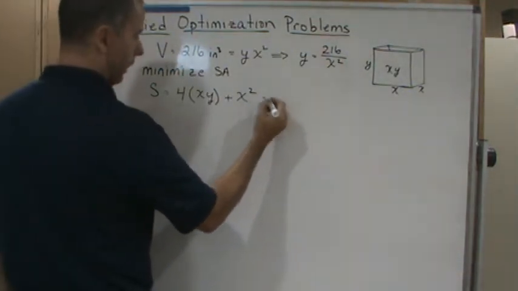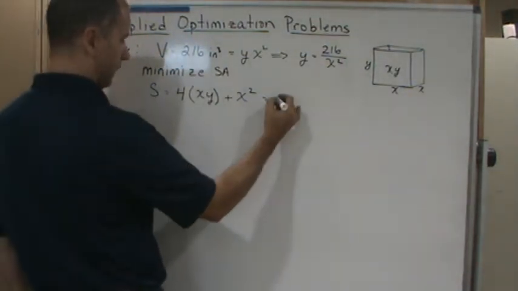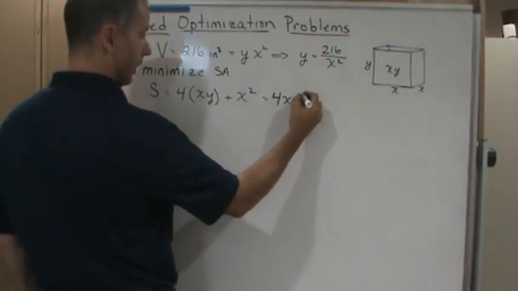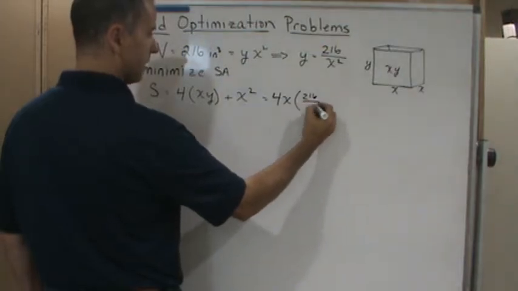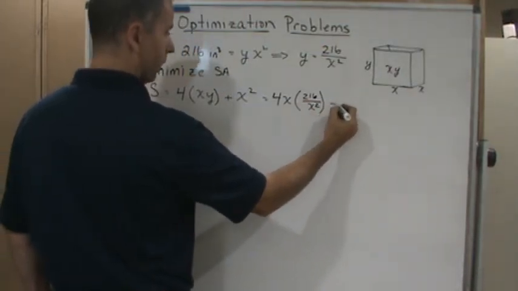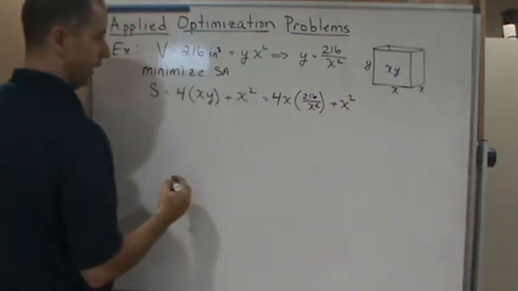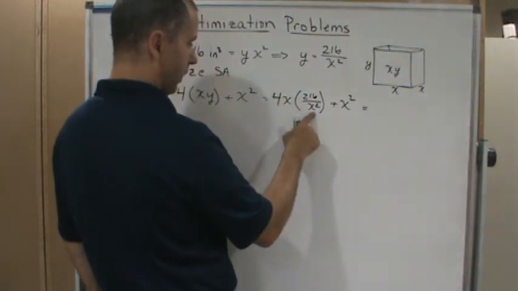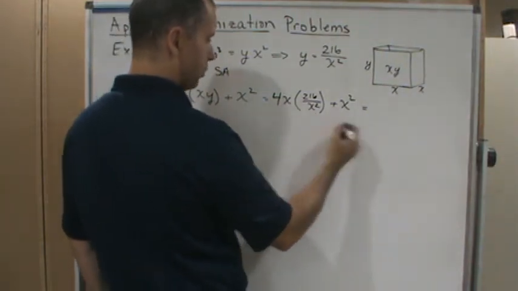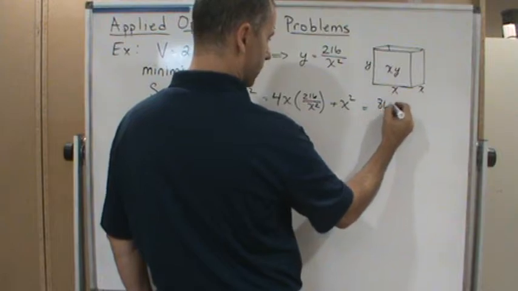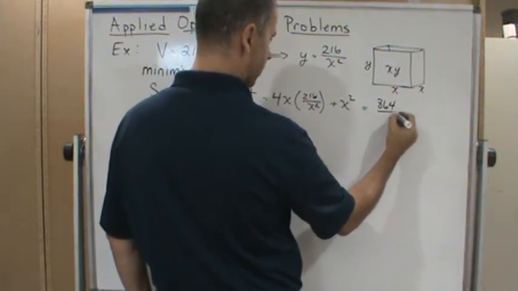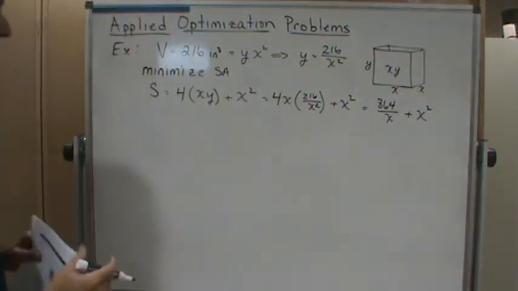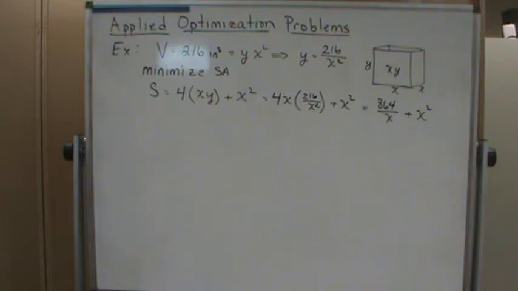Now our surface area formula becomes 4x times 216 over x squared plus x squared. This x is going to cancel with one of these x's, and we get 4 times 216, which is 864. So we get 864 over x plus x squared. So there's our surface area formula.